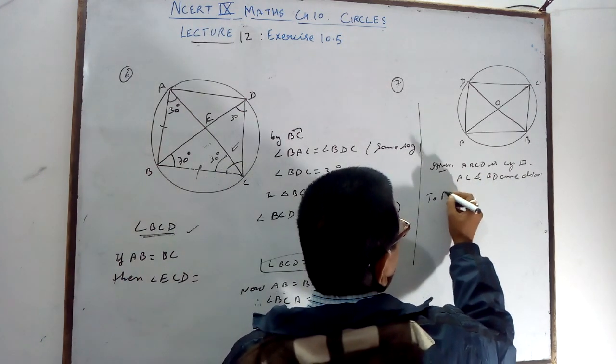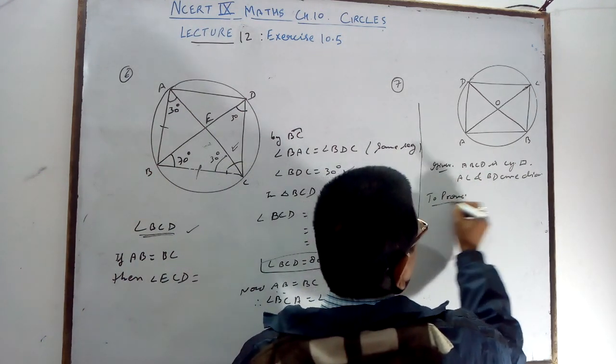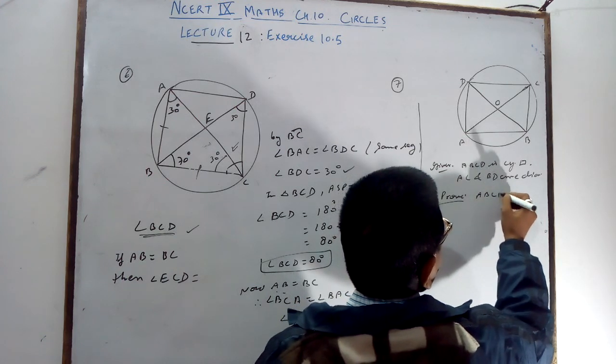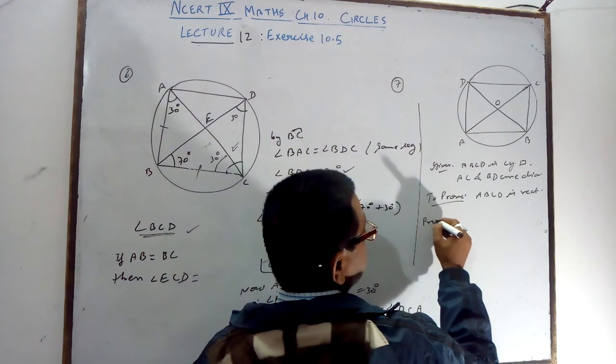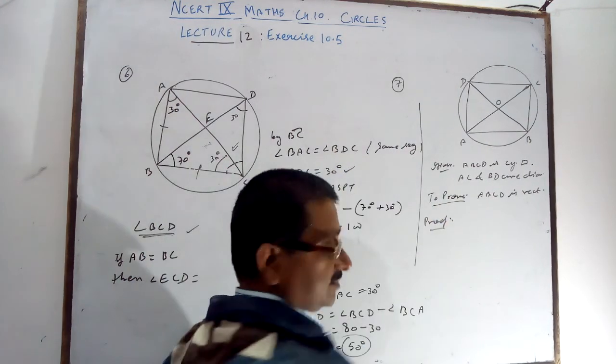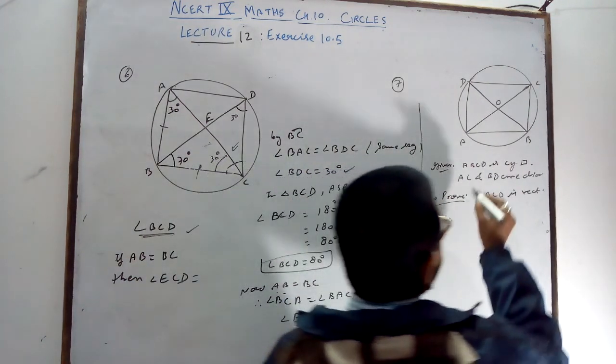To prove: ABCD is a rectangle. Proof. Very simple question.